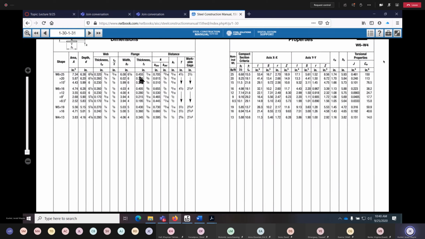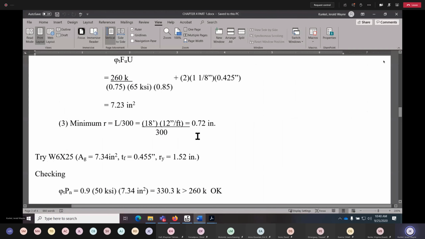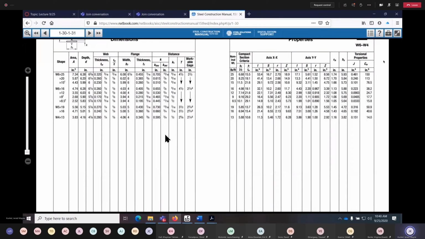So that's the thickness of the flange. So the wild guess at 0.425 really wasn't too bad. So there's the thickness of the flange, and now the radius of gyration of the 6 by 25.